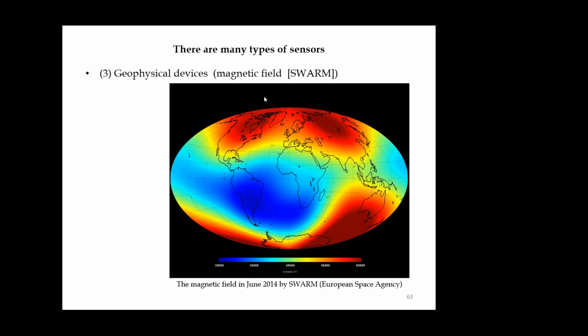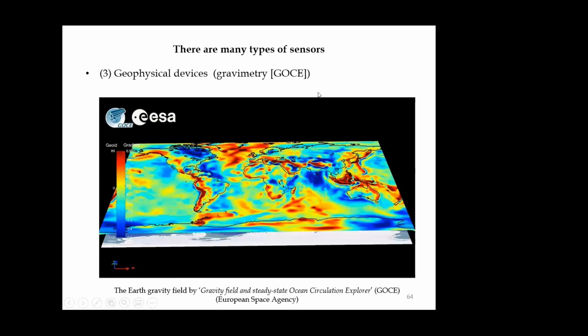And you know that magnetism is mainly related to the poles, to the magnetic pole. So it's mainly concentrated in the north and the south, but not exactly at the geographic poles. Okay, in geophysics, we have sensors dealing with magnetism, but also with gravimetry.